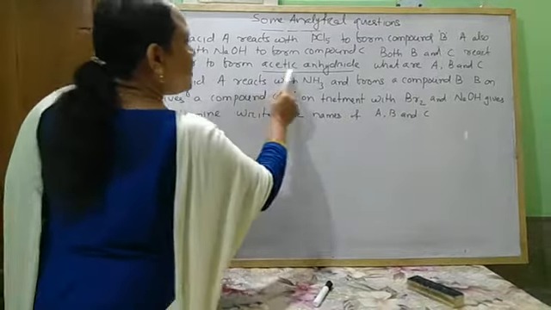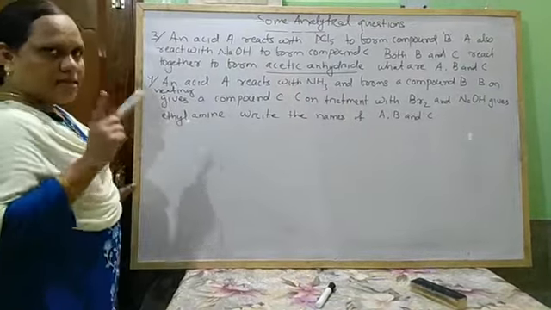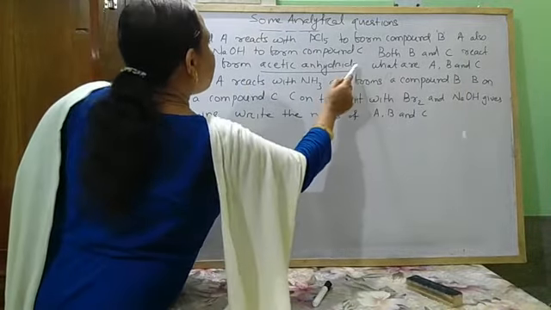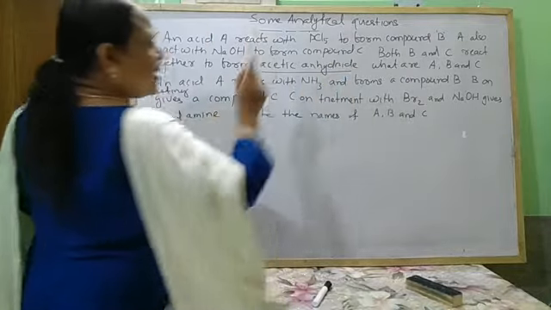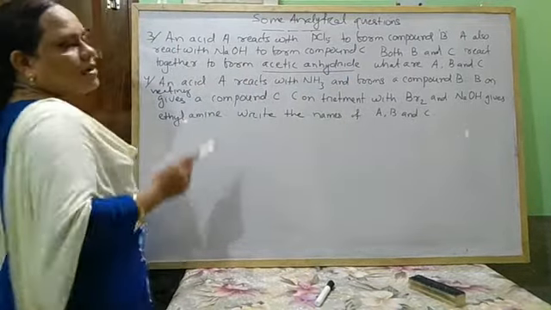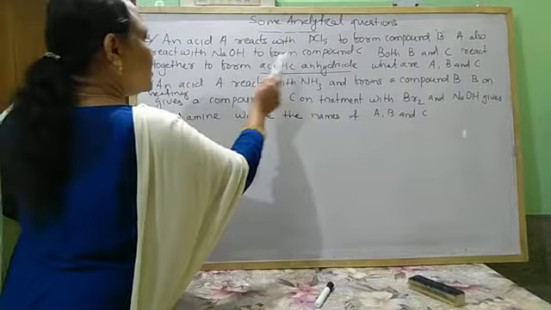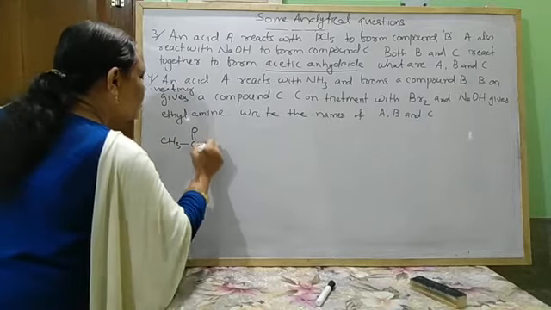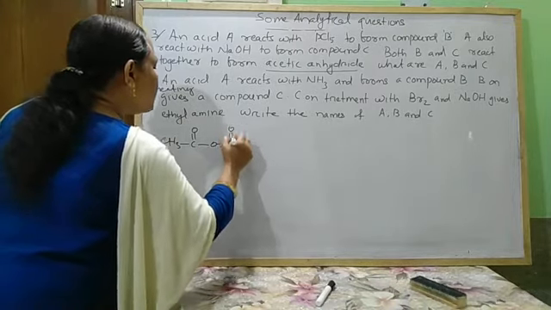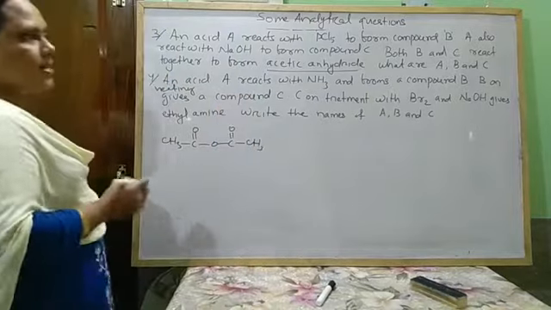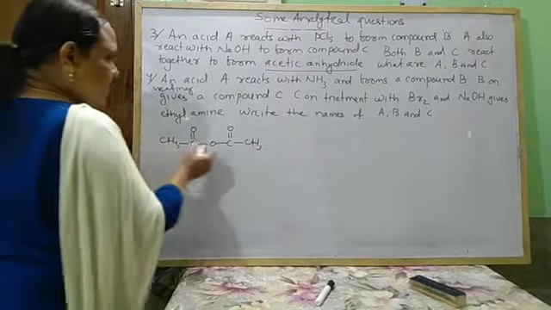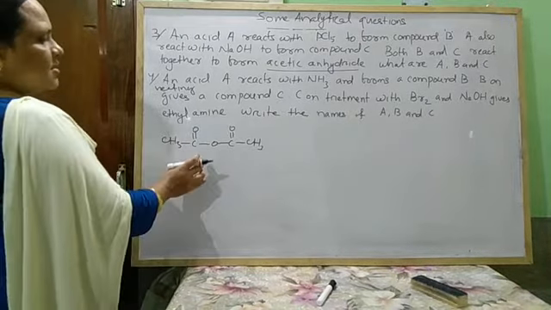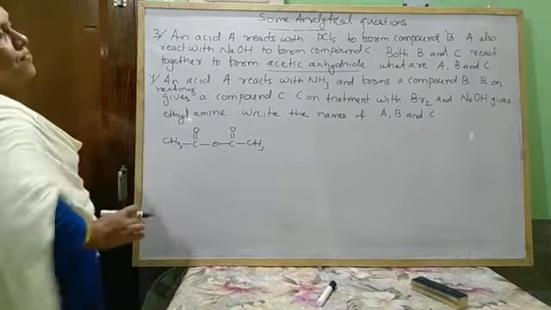The anhydride is acetic anhydride, this is the clue point here. Then what are A, B, C? From this we can find out what the compound is. So this is acetic anhydride. As acetic anhydride contains 4 carbon atoms, this is a symmetrical anhydride.